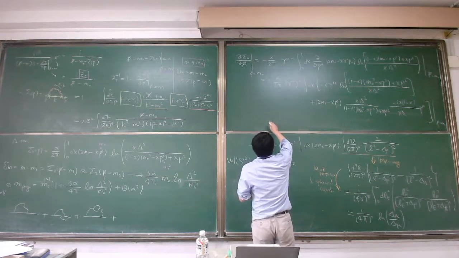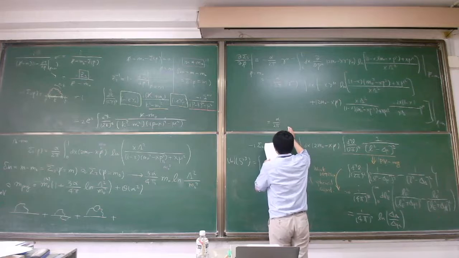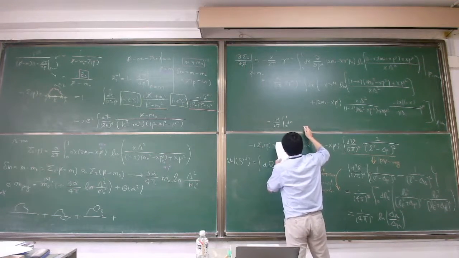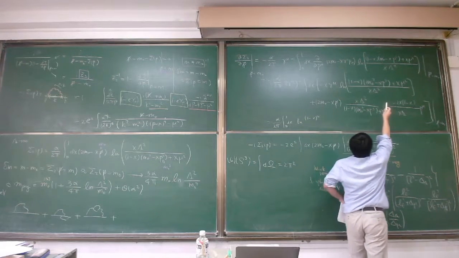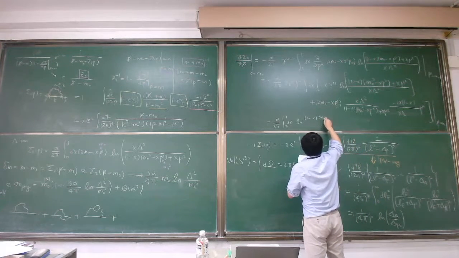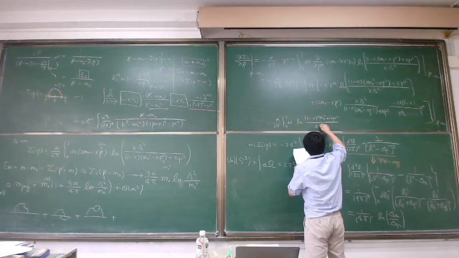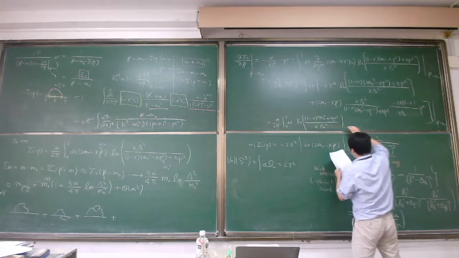So this is equal to alpha over 2 pi, integral 0 to 1 dx. So 1 minus x square coming from, so that you have to factor out m0 square. So m0 square plus x mu square divided by x lambda square. This is the first term.